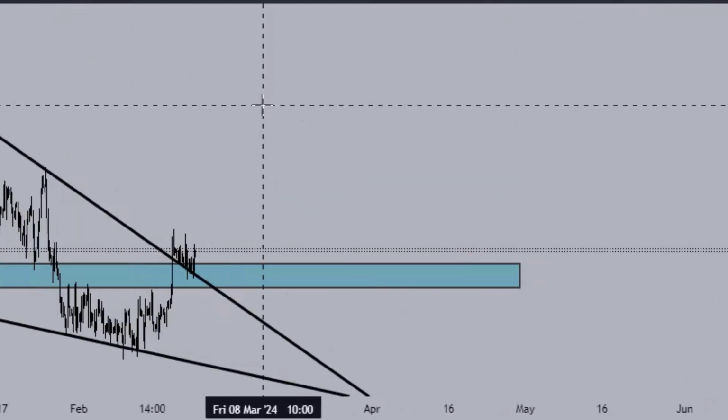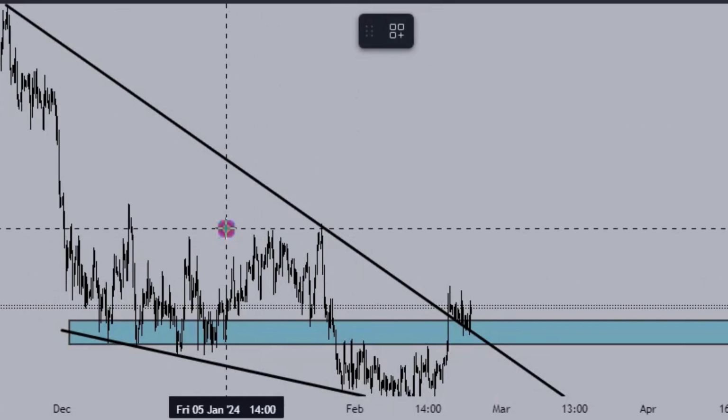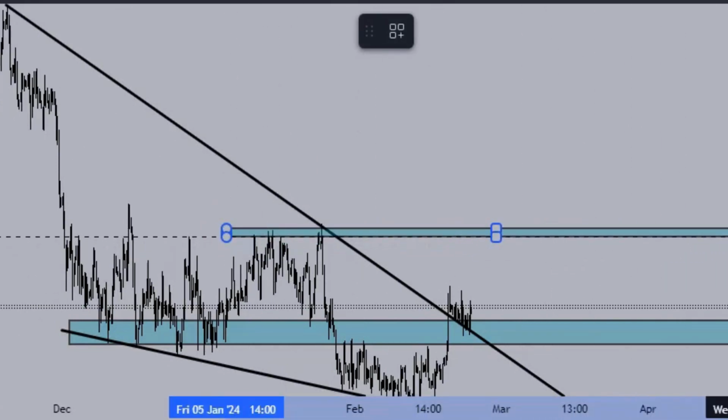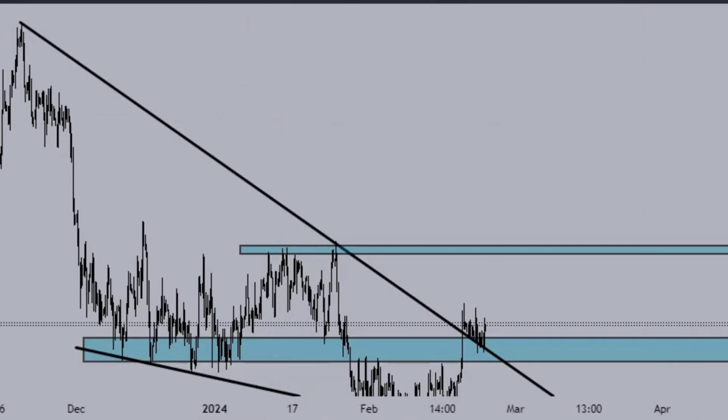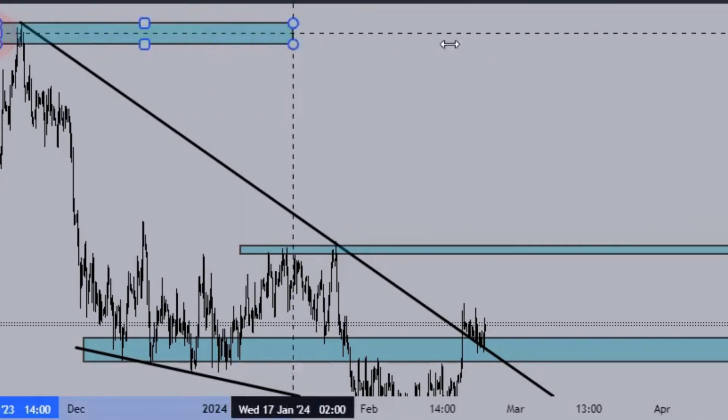Looks like it might be, yeah, no. Headed up. Reached about right there. And then we got the second TP. Reached about right there.